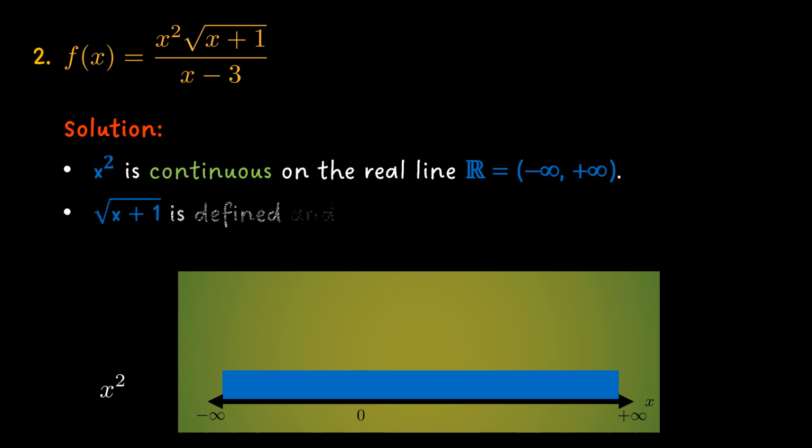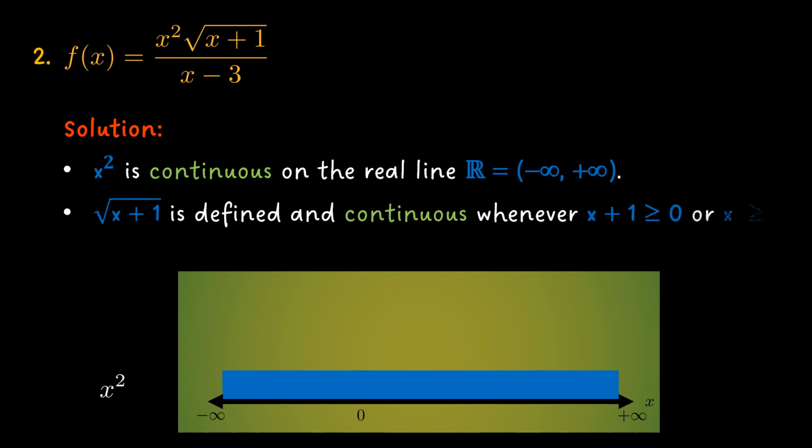Square root of quantity x plus 1 is defined and continuous whenever x plus 1 is greater than or equal to 0, or x greater than or equal to -1.